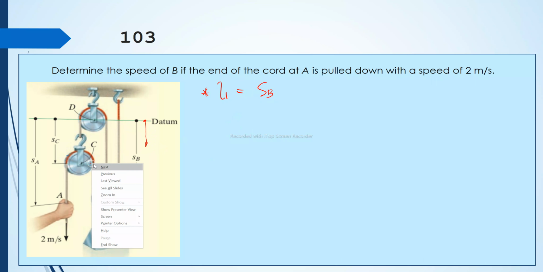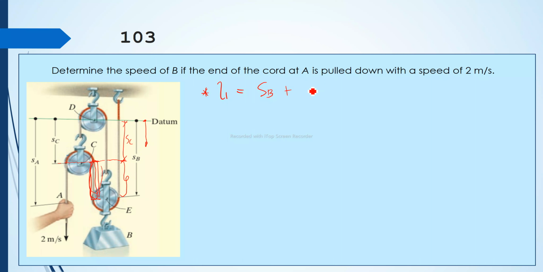And how about this one? What is its length? So if you extend that one from the datum line, the length here is just equal to, this will be SC, and then you're finding the length here for this one. So that is just equal to plus the length of SB minus length of SC.